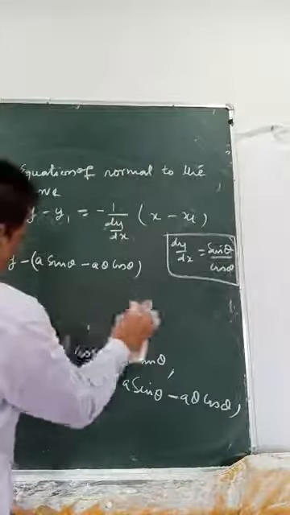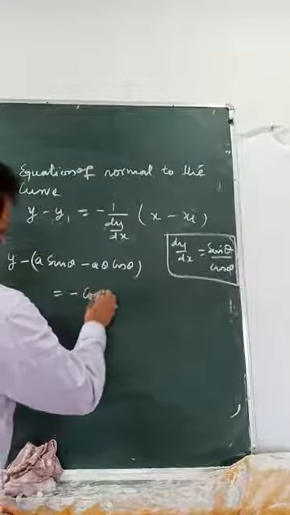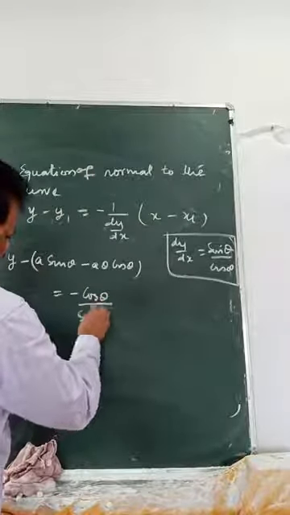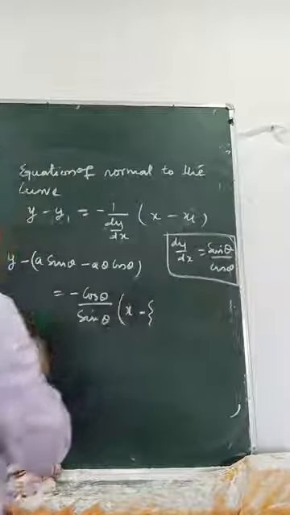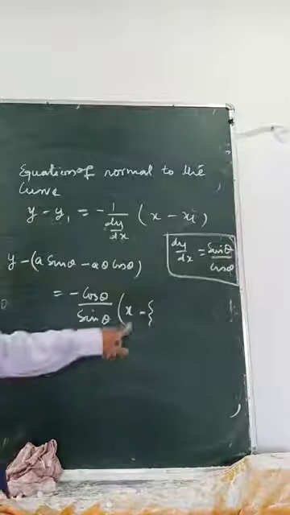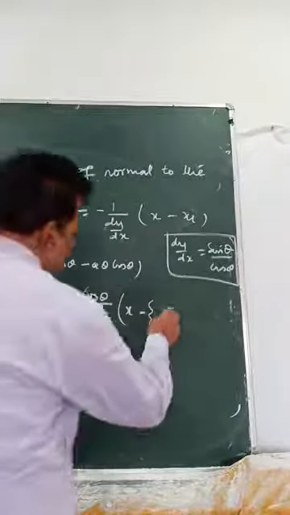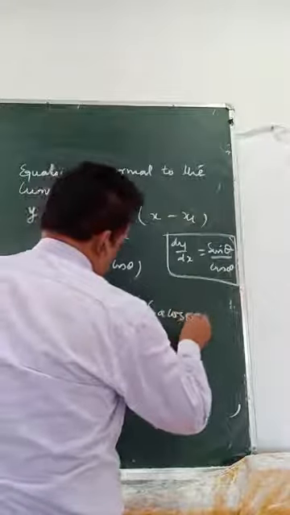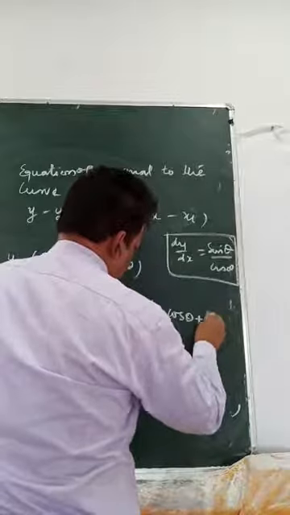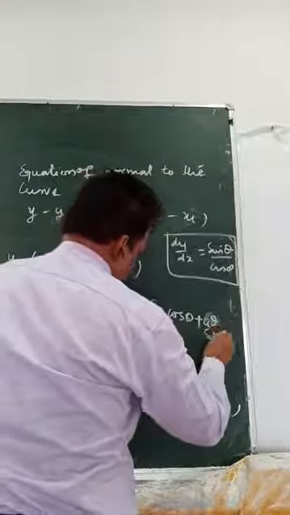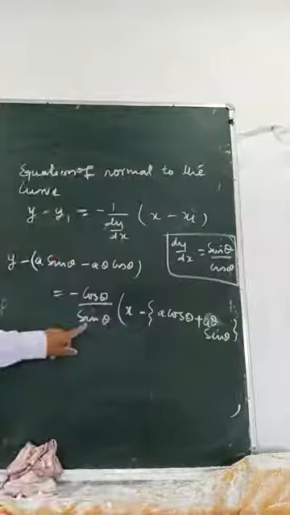I will write it a little inside: cos theta by sin theta times x minus x1. X1 is what? a cos theta plus a theta sin theta. Okay, now this will go here.